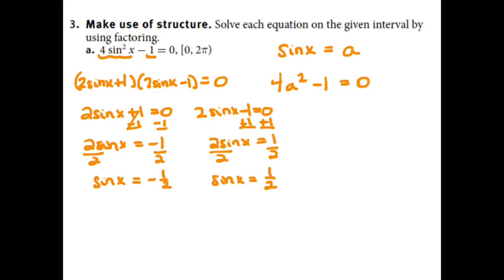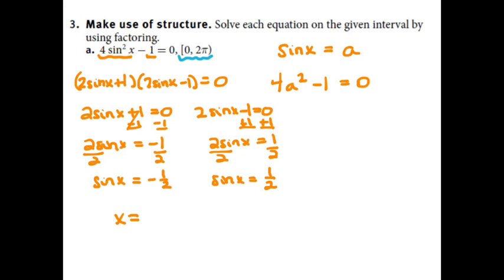Notice the interval that we were given. We want to find all solutions between 0 and 2 pi. So we are working in radians. Sine x equal to negative 1/2 is going to be in quadrants 3 and 4. Sine is equal to 1/2 at the pi over 6 angle.